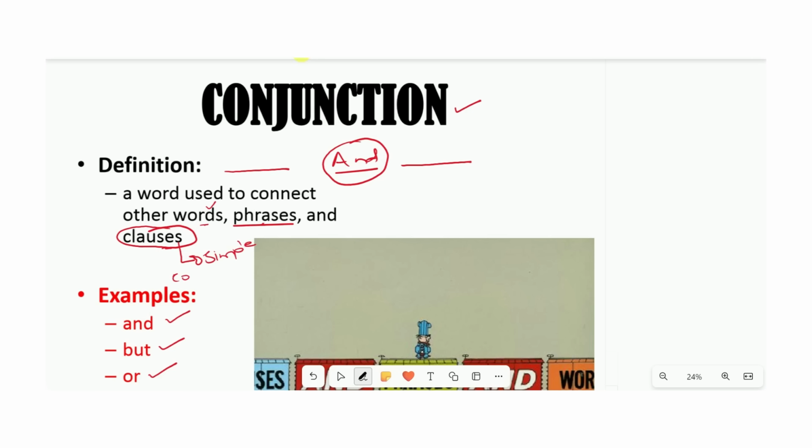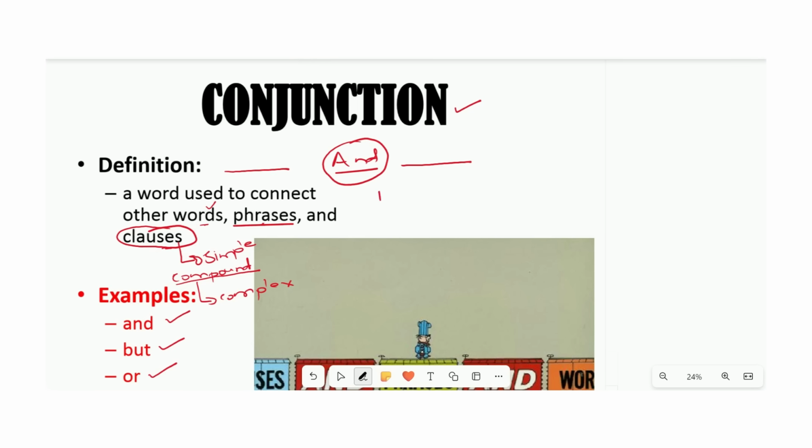A compound is when you use one conjunction to join two sentences. For example, Tabo went to school, but he was sick. Then I've joined two sentences. It becomes a compound. Now, a complex sentence means I have used more than one conjunction to join more than two sentences.